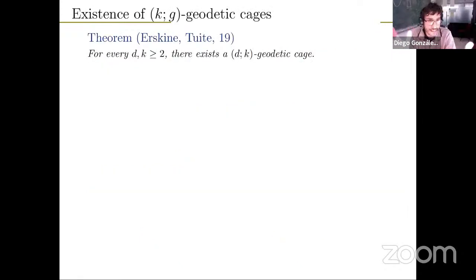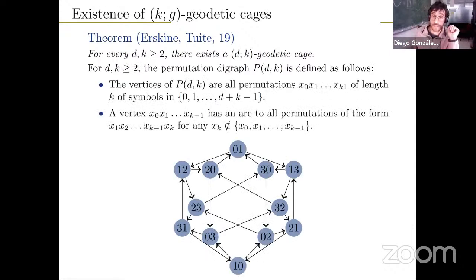And again, a natural question is, for every pair of integers d and k, does there exist a k-geodetic cage? And yes, Araujo and James Tuite proved that for every d and k at least 2, there exists a k-geodetic cage. In fact, they gave a family of digraphs that produce k-geodetic cages. And this family is the permutation digraph. If d and k are integers at least 2, the permutation digraph that we denote as P(d,k) is defined as follows.